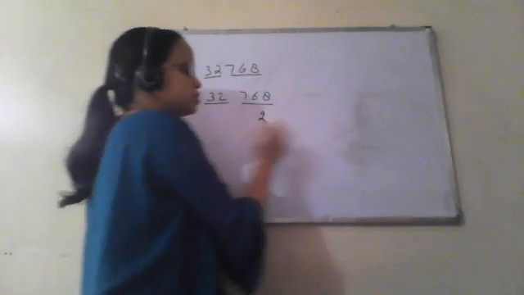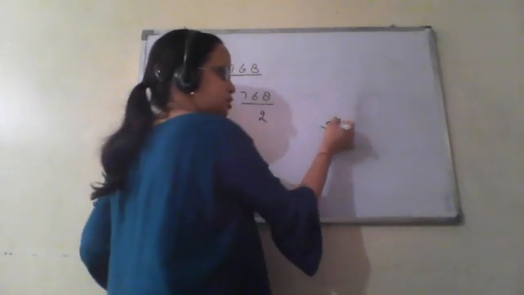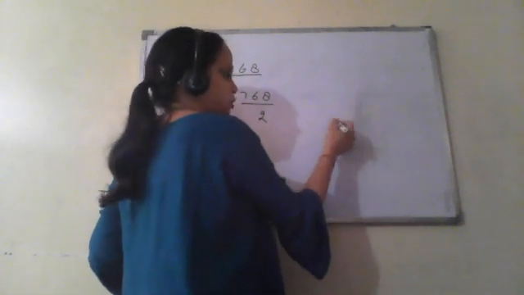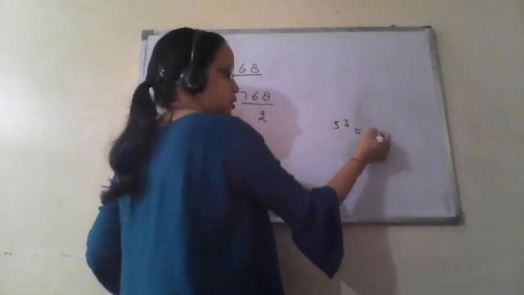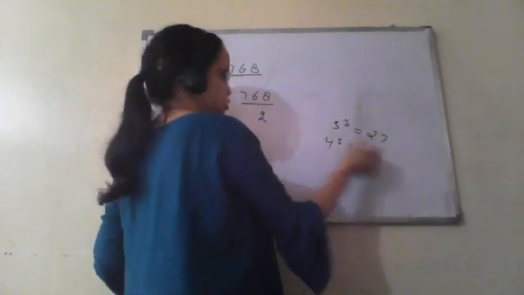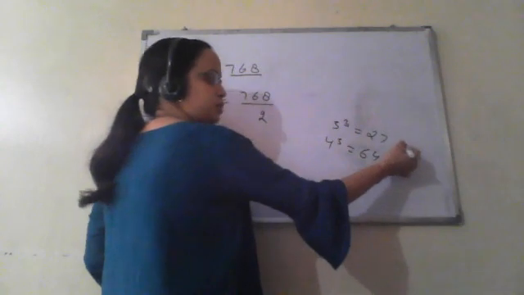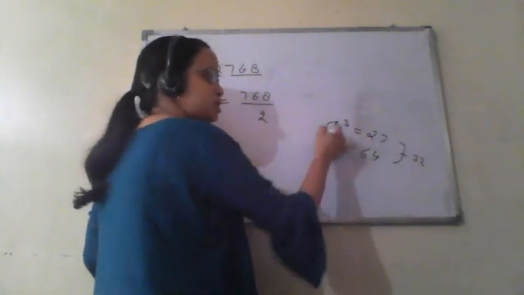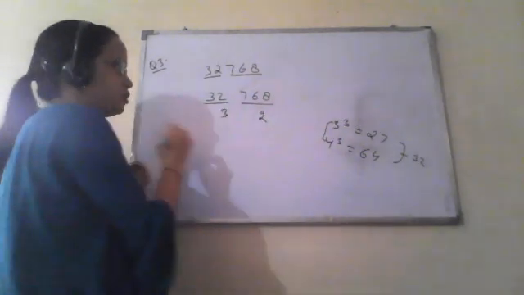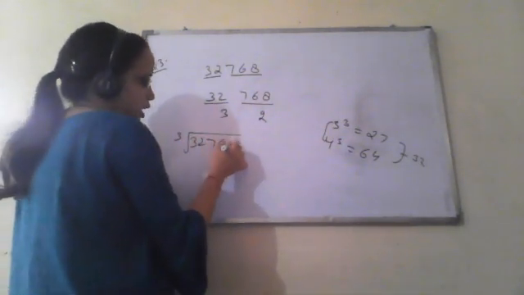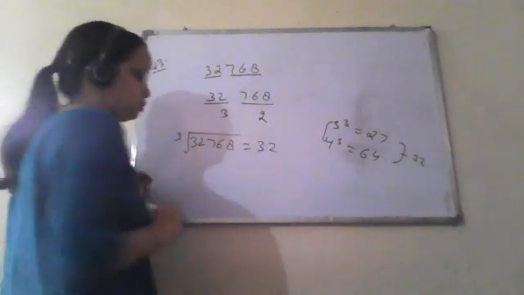Now for this 32, the cube of 3 is 27 and the cube of 4 is 64. So this 32 lies between the cube of 3 and 4, and we take the lesser number, which is 3. So we will write 3 for that. So the cube root of 32768 will be 32. Clear?